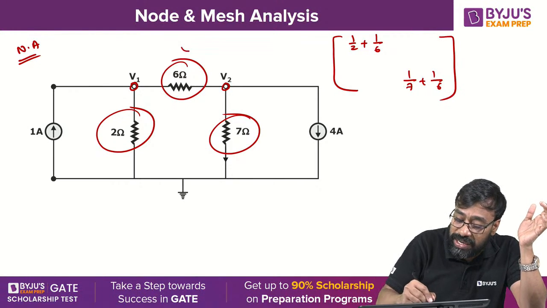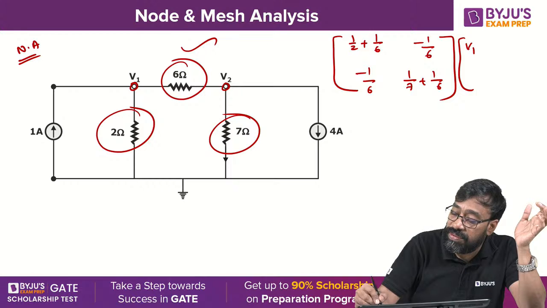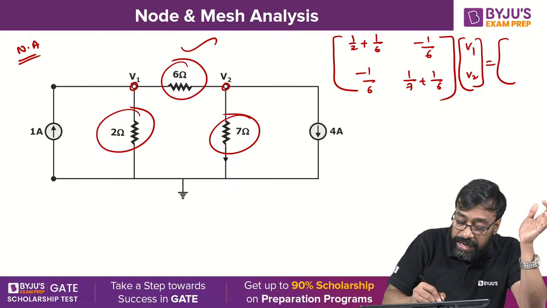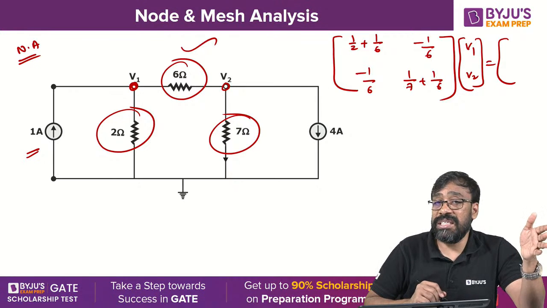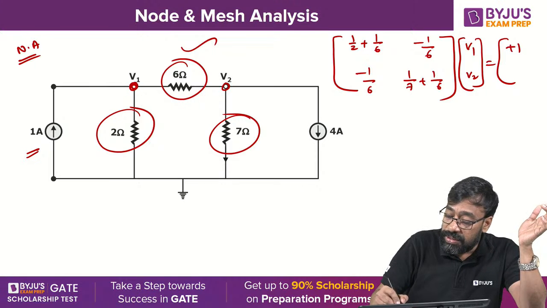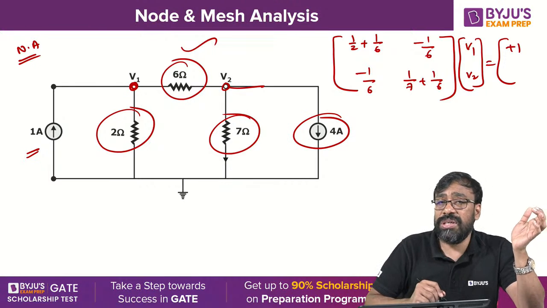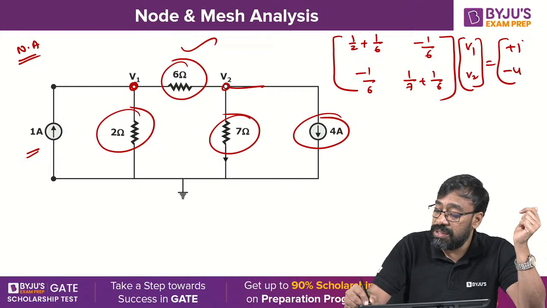Who is the common element here? 1 by 6. So minus 1 by 6, minus 1 by 6, times V1, V2 equals, at node 1, only one current source which is entering. Entering current is on the right side, therefore plus 1. The 4 amperes is leaving, therefore minus 4. That's it. Simple.